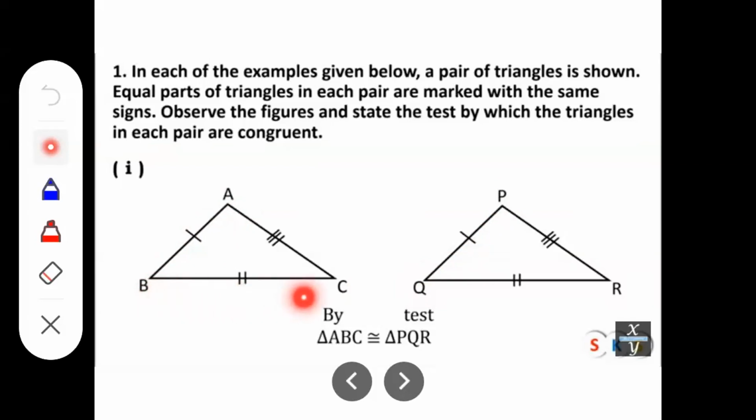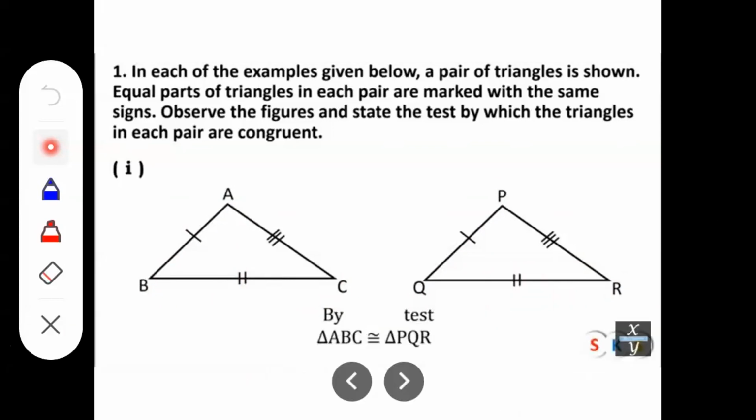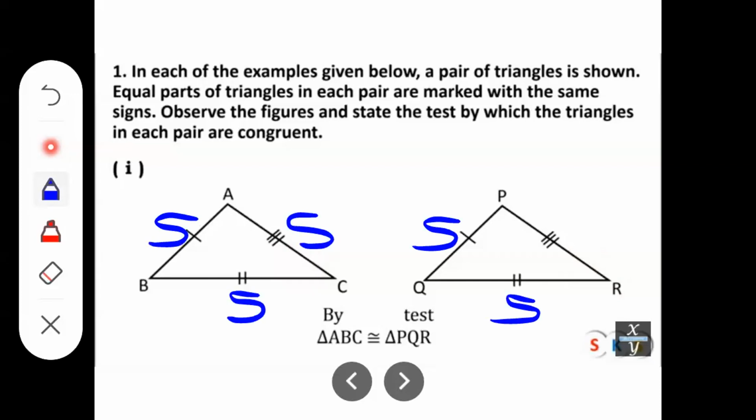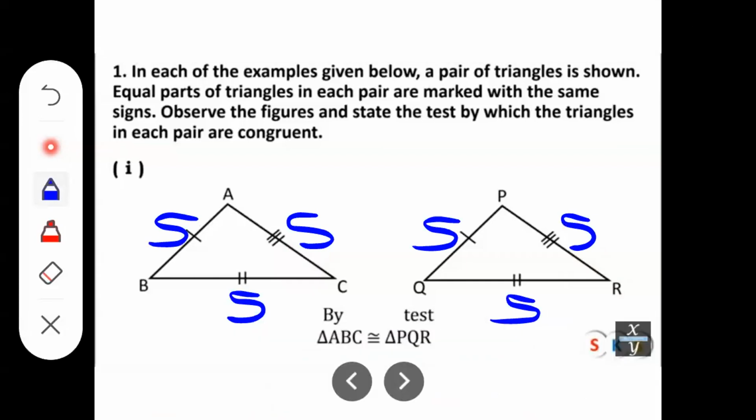Now the base of the first triangle, BC, is congruent to the base of the second triangle, QR, as marked by a similar symbol. Likewise, segment AC is congruent to segment PR. So those are all sides, side, then this another side and this one. So the test applicable is the SSS test. Here you have to write SSS test.